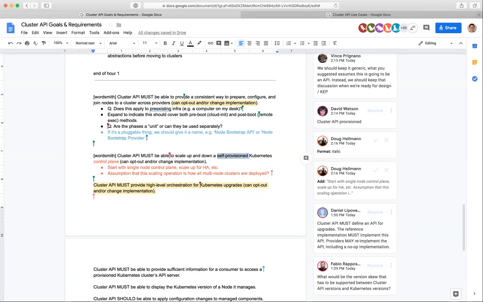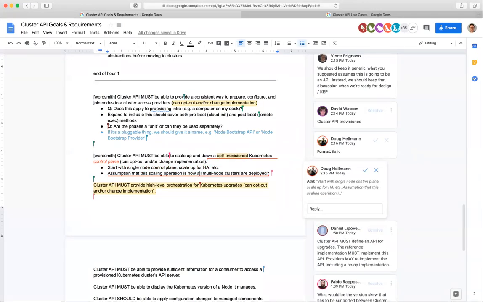But in general, this is for components that are managed specifically by Cluster API. And we should have some clause there that says provided the deployment or whatever the tool, the hosted offering, whatever you want to call it, supports that capability.